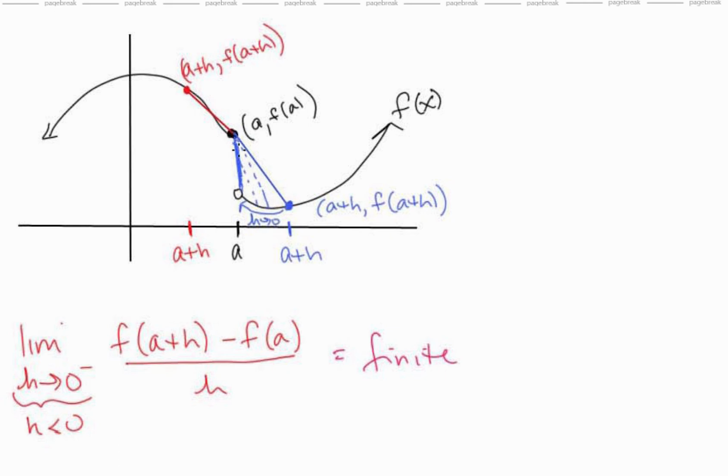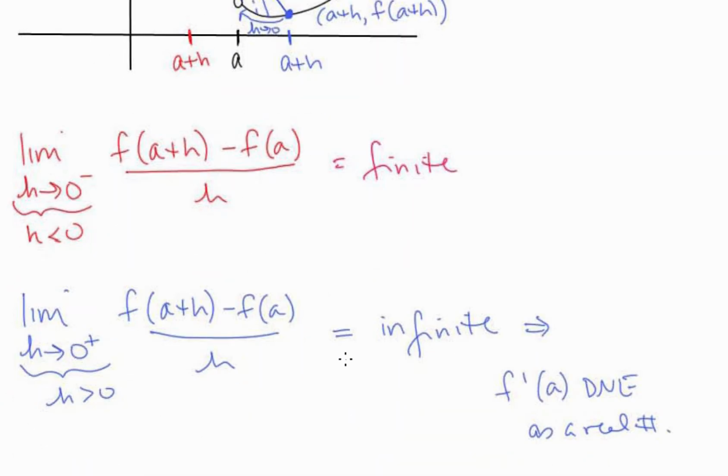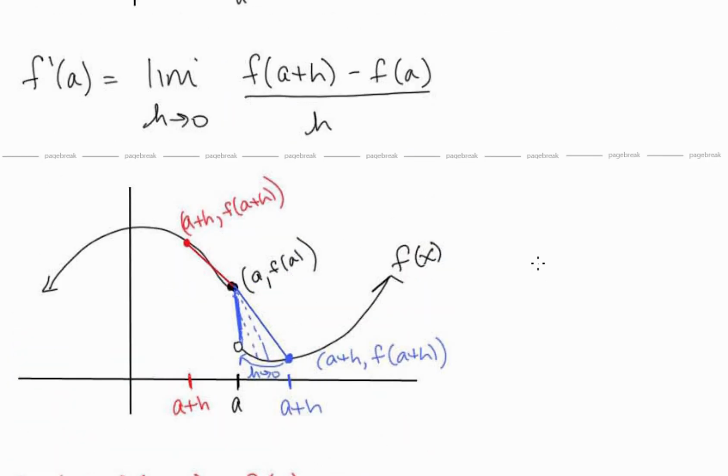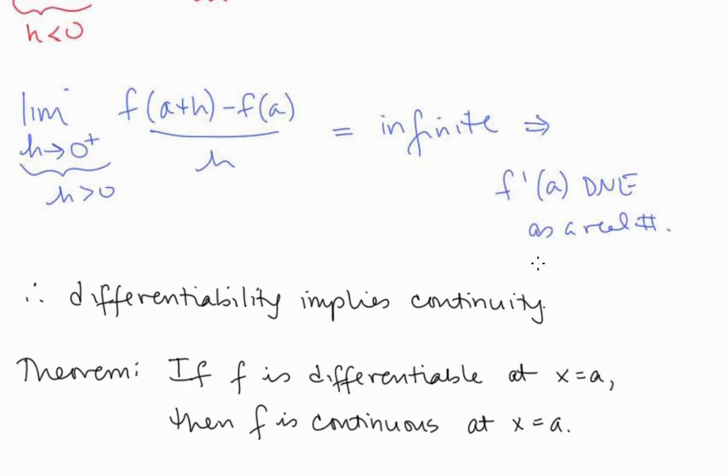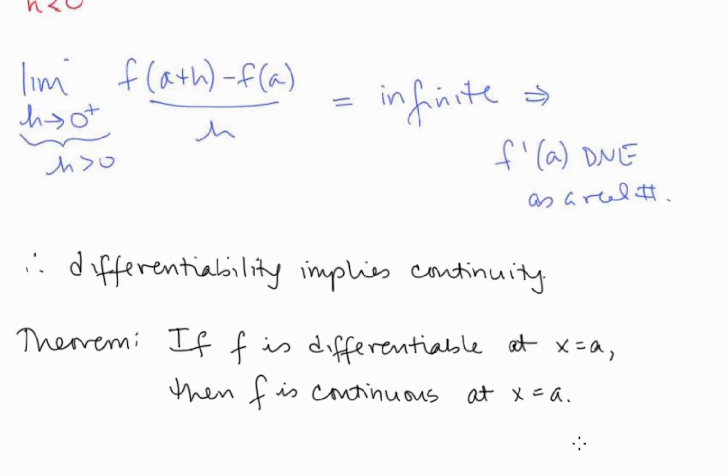And so this is going to give us an infinite limit as h goes to 0 from the right. And so f prime of a does not exist as a real number, and f is not differentiable at x equals a. And that's going to happen at any kind of discontinuity you come across. So if f is not continuous at x equals a, it's not differentiable either at x equals a. And so that tells us differentiability implies continuity. If f is differentiable at x equals a, then it must be continuous at x equals a.